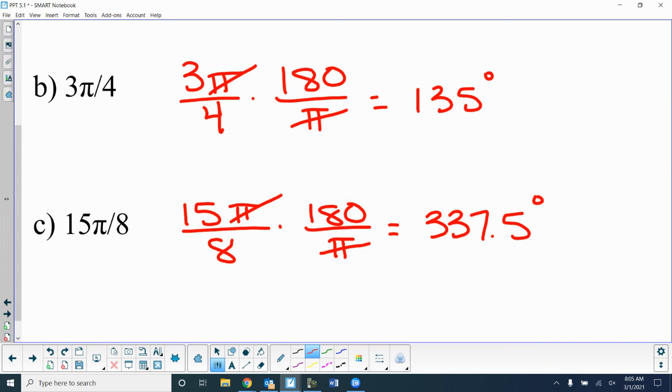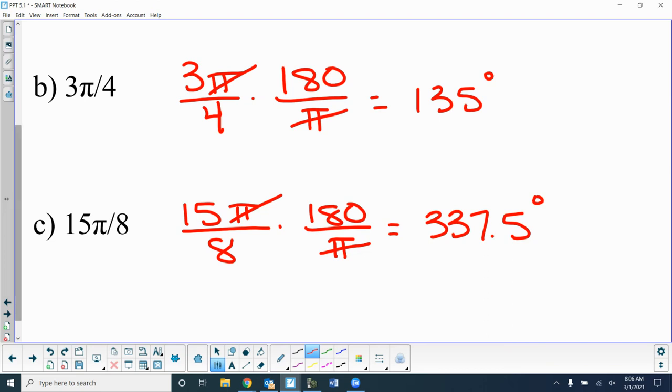All right, so complementary angles add up to 90, supplementary angles add up to 180. All right, if you have to draw an angle in standard form, just draw your little arcs. Remember, clockwise is negative, counterclockwise is positive, initial side, terminal side.